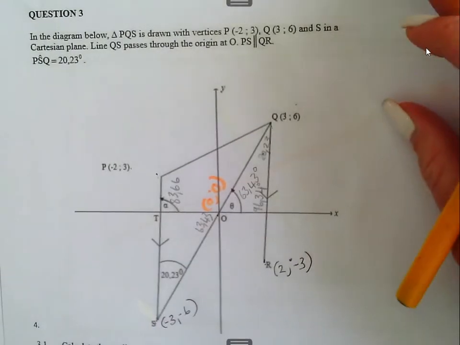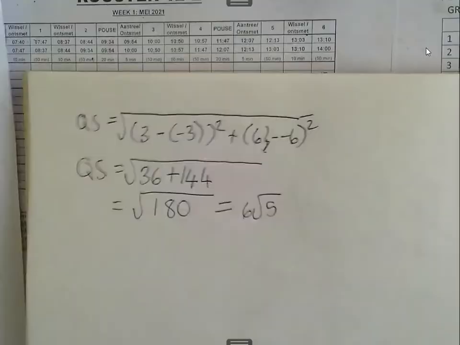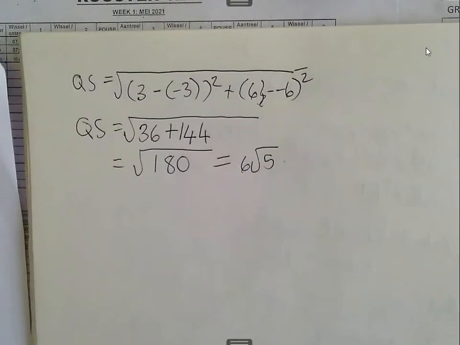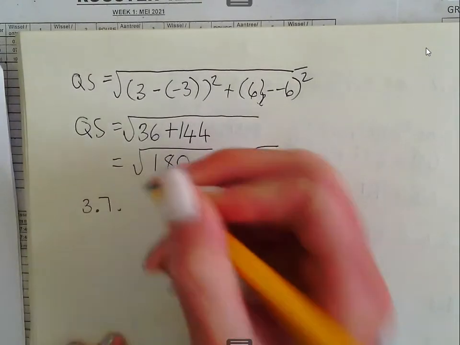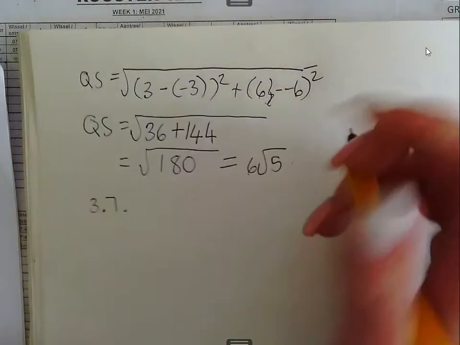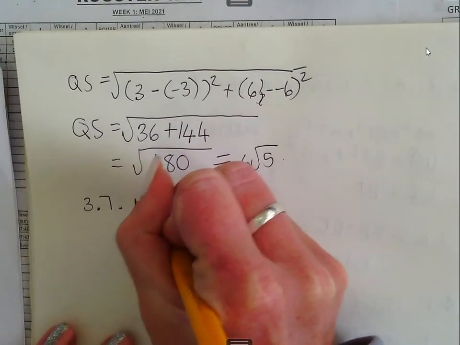Do you want me to show you the algebraic way as well? Okay, I will. It's 3.7. So I'd start by calculating the midpoint of SQ.